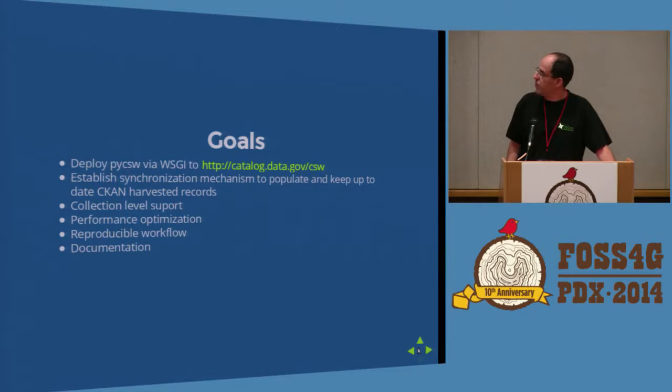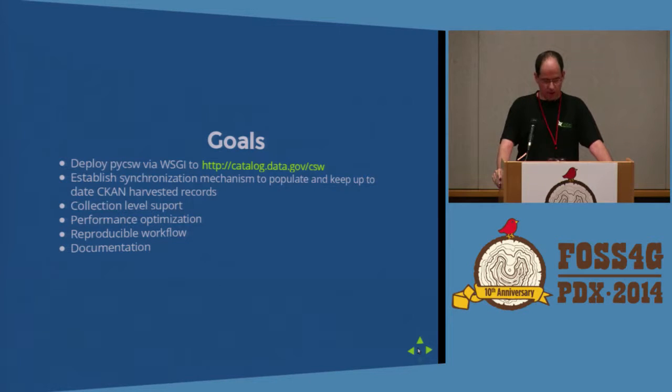So the goals of the project, in our perspective, were to be able to deploy pycsw as a WSGI application directly into that URL you see over there, to be able to synchronize the metadata between CKAN and pycsw, because both projects have different database schemas.